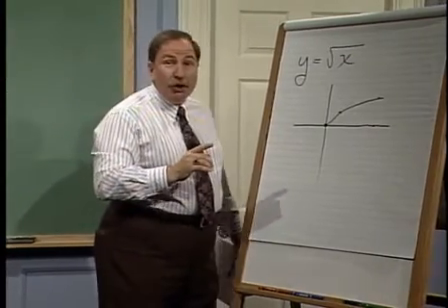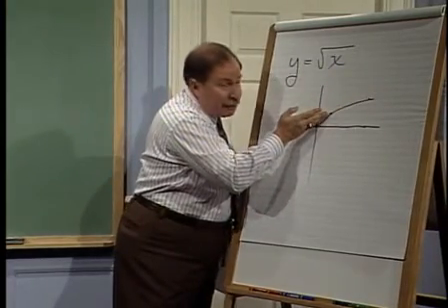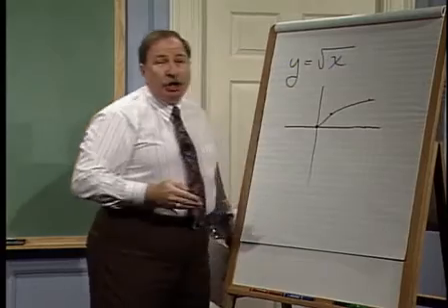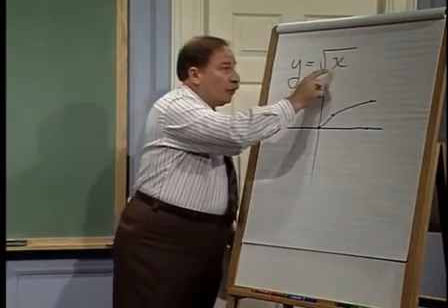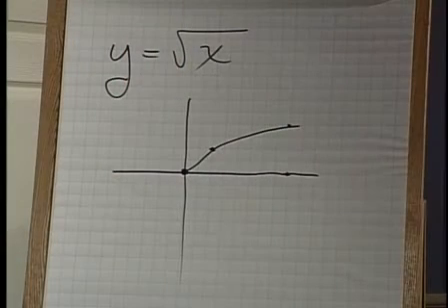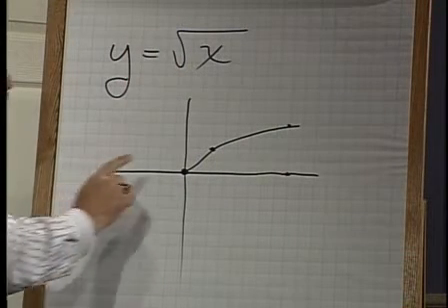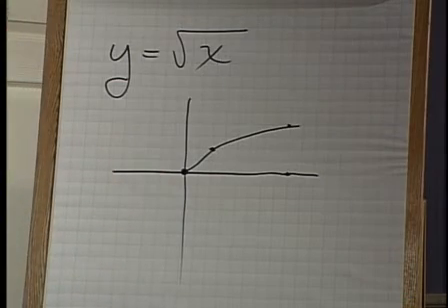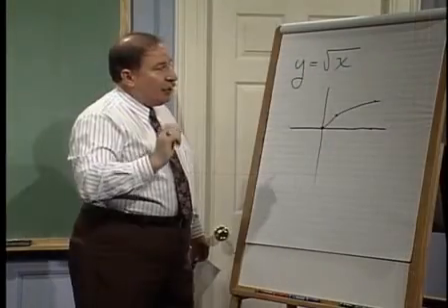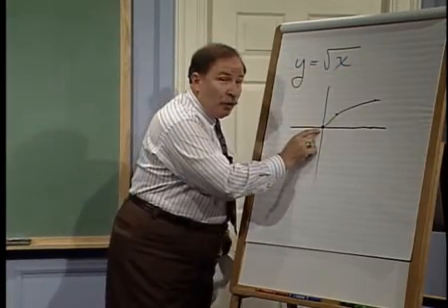By the way, if you turn your head sideways, you might notice that this looks kind of like 1/2 of a parabola. And it should, because y equals the square root of x is the inverse function of y equals x squared. So the fact that it looks like a parabola makes a whole lot of sense. The key thing we want to take away from this sketch is this endpoint.